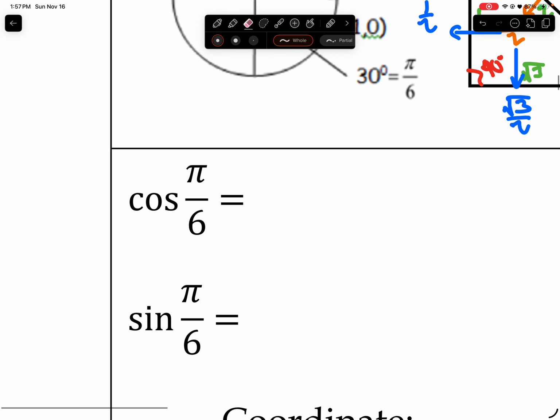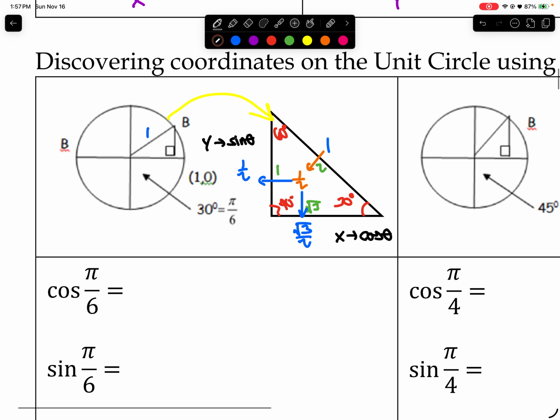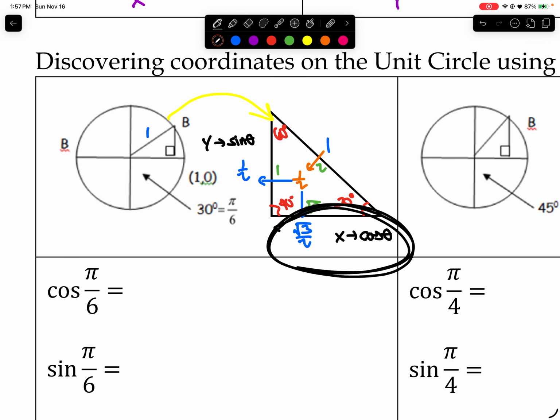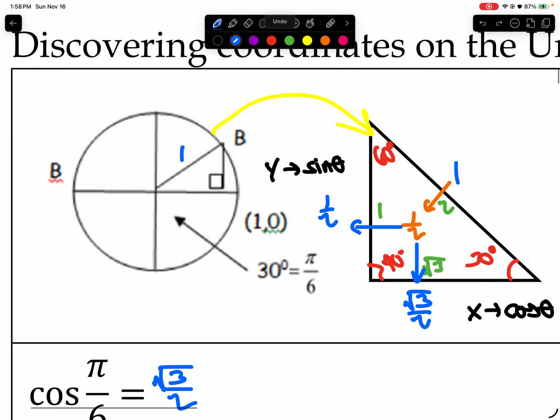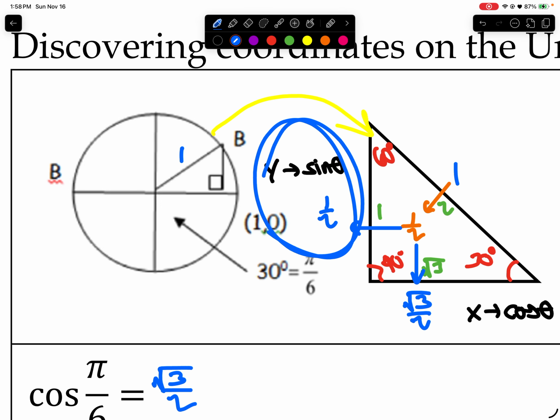So if I want to evaluate and determine what cosine of pi over 6 is, I want to know the horizontal component of that triangle, which is root 3 over 2. So cosine of pi over 6 is root 3 over 2. And then if I want to know sine of pi over 6, I want to know the vertical component, which is 1/2.